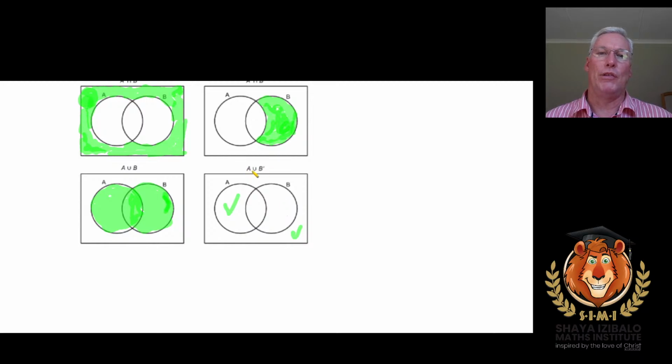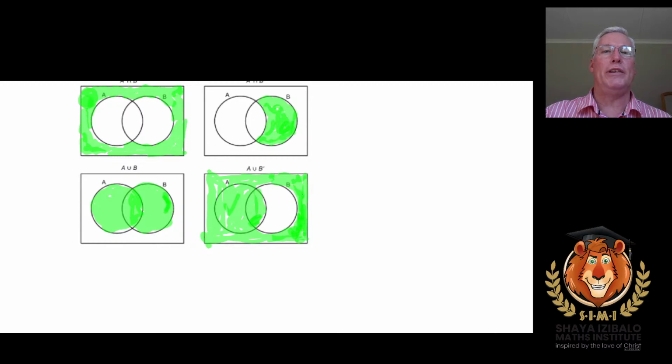And so neither of these two things would be true. So in fact, this particular one looks like this. Basically everywhere, all right, I've never been very good at staying inside the lines. Everywhere but that piece that is B and not A. Okay.